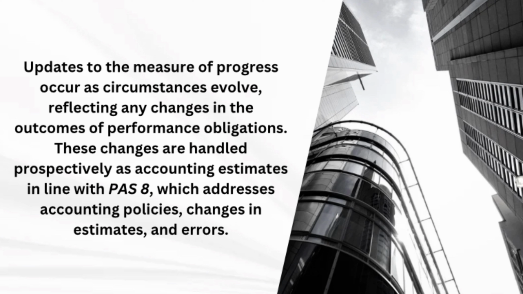PAS 8 provides rules for how to handle changes in accounting policy, updates to estimates, and corrections of mistakes. Essentially, it ensures that any new information is considered to give a more accurate picture of project progress.